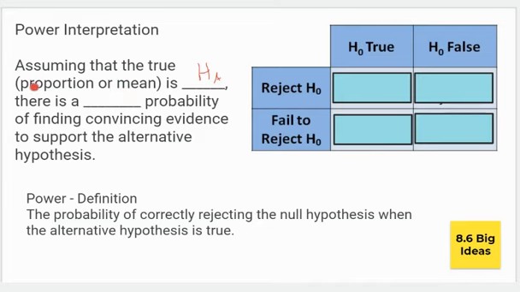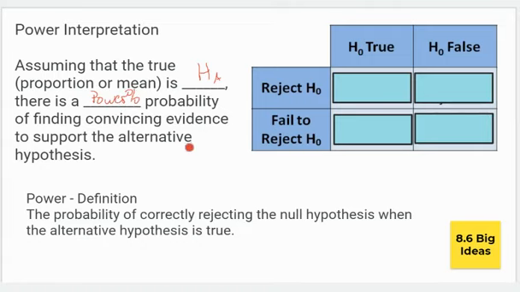So in other words, assuming that the alternative hypothesis is true, there is a blank probability of finding convincing evidence to support the alternative hypothesis. And this blank is whatever percent we know, or whatever we're given for the power of the test.